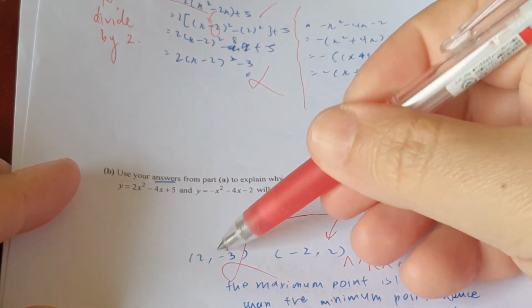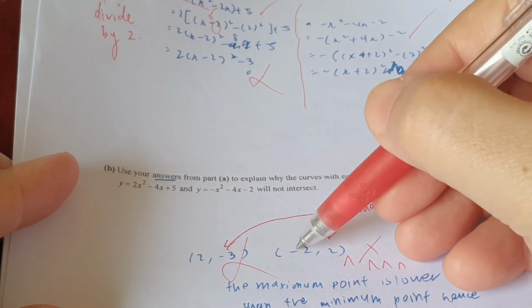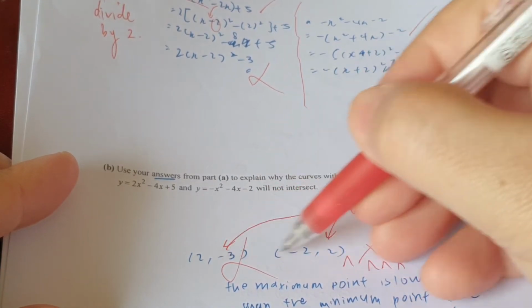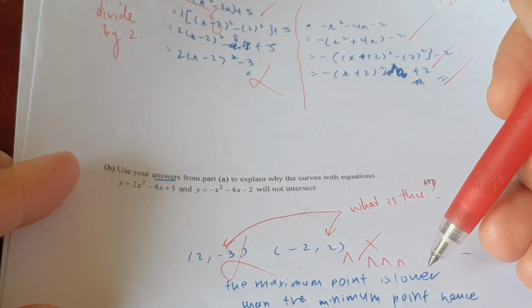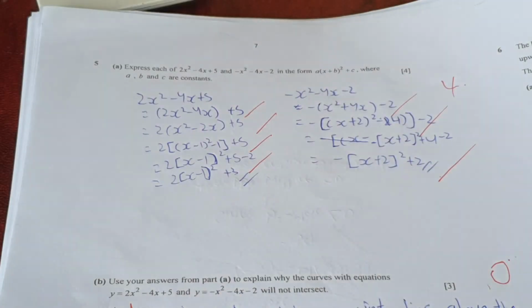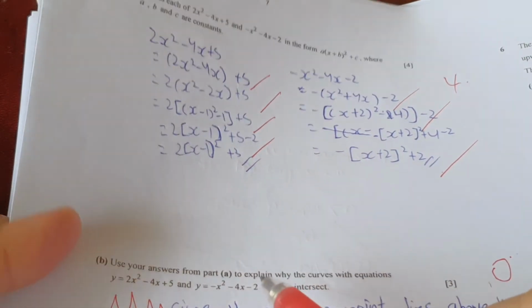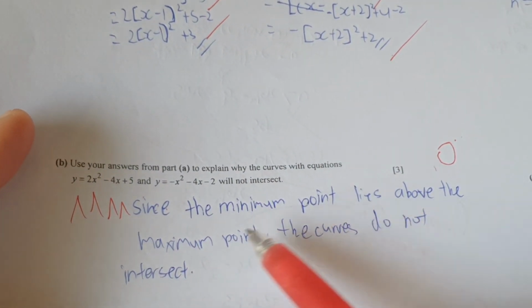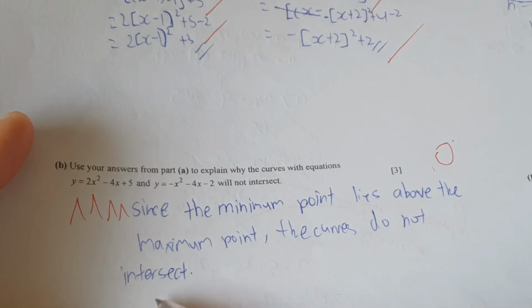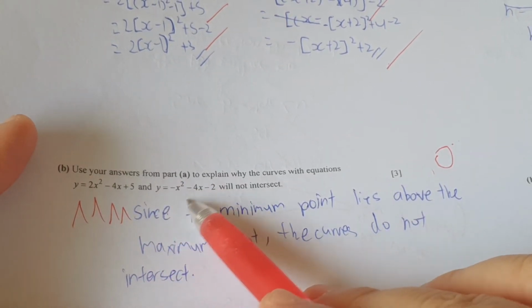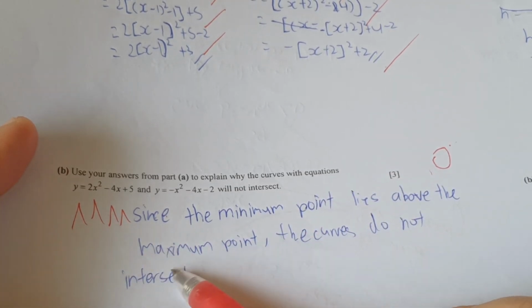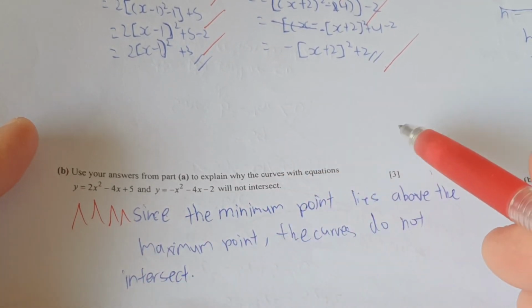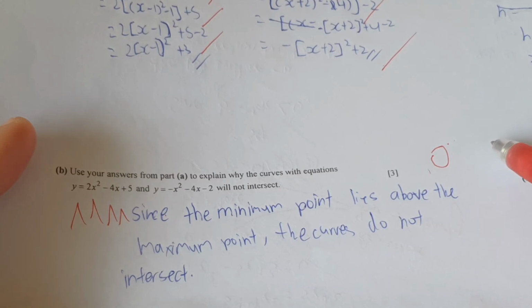This is the maximum or minimum point, of which graph? You never say. So wrong. Then you say since the minimum point lies above the maximum point, the curves do not intersect. But you didn't tell people what the minimum point is, which graph, what the maximum point is, which graph. You didn't say anything. So it's 0.